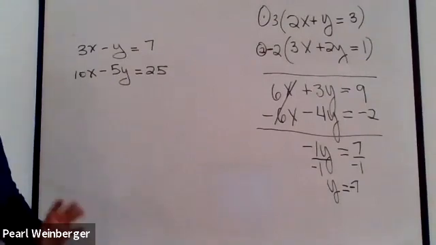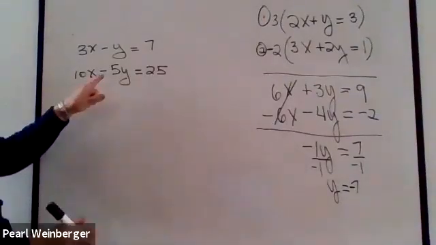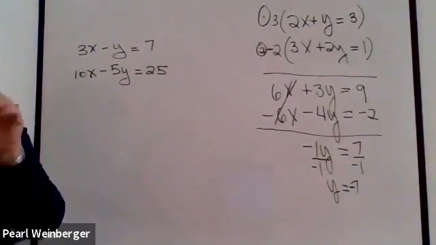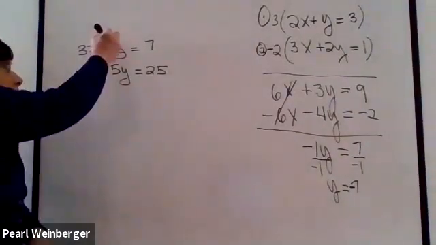So let's decide, what do we want to get rid of? Do we want to get rid of the x's, or do we want to get rid of the y's? Let's get rid of the y. Okay, you want to get rid of the y's this time? Okay. So now remember, when I'm picking the numbers, I just look at the numbers. This is understood.